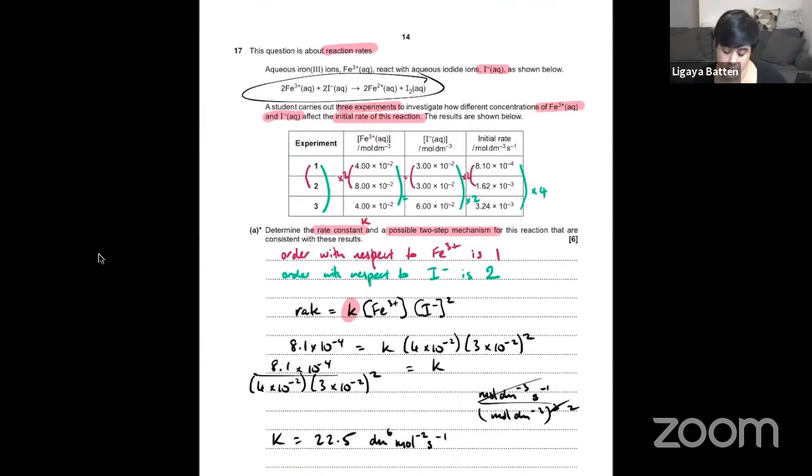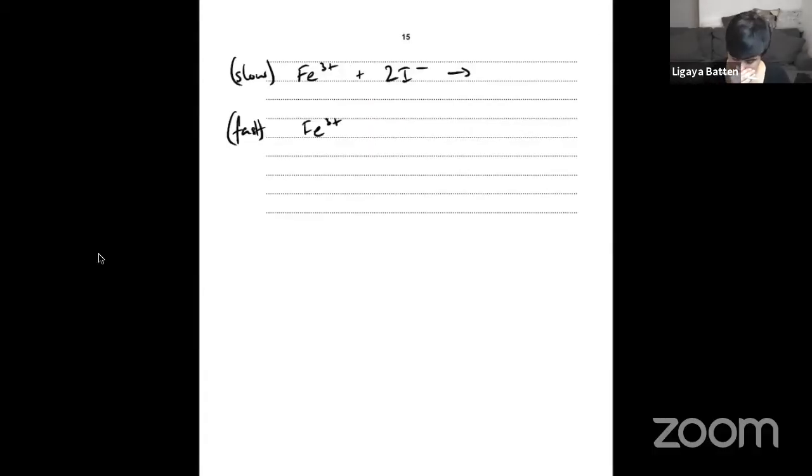So that's going to be in the second step. Okay, and we're going to produce 2 Fe2+ and I2. So we've got to work out how we're going to produce that from the 2 steps. So we want to just work out what's possible to produce from the slow step, Fe3+ 2 I minus.